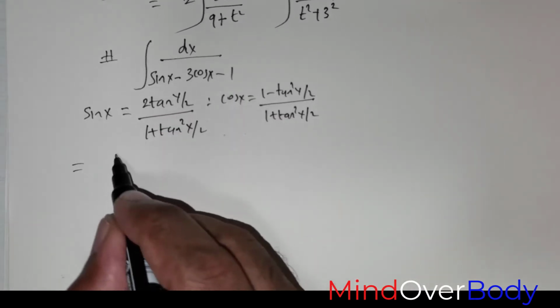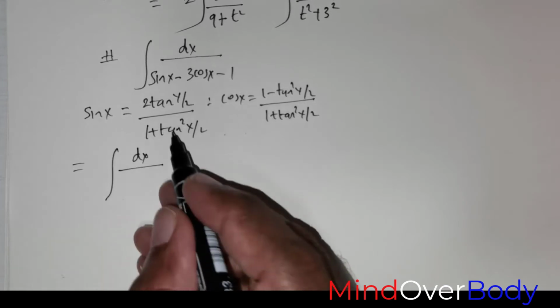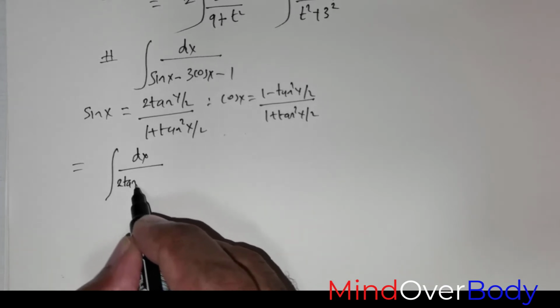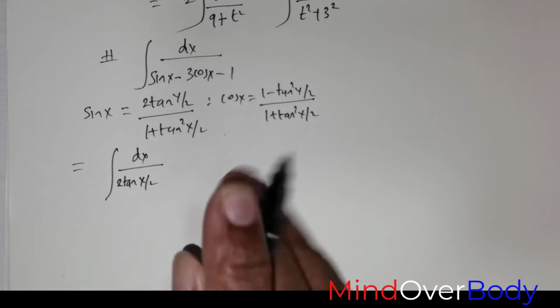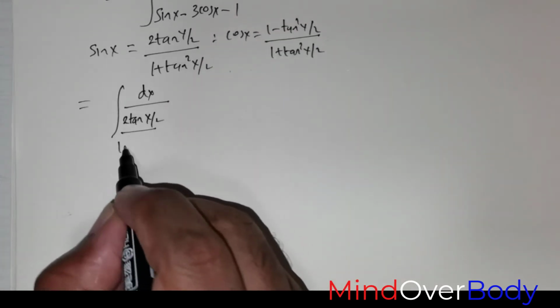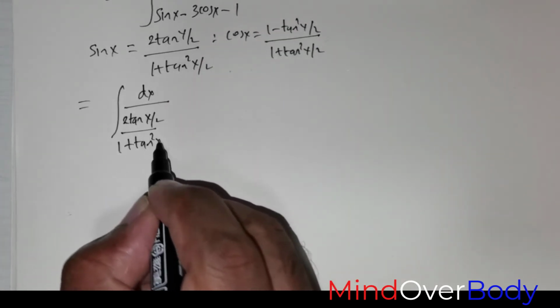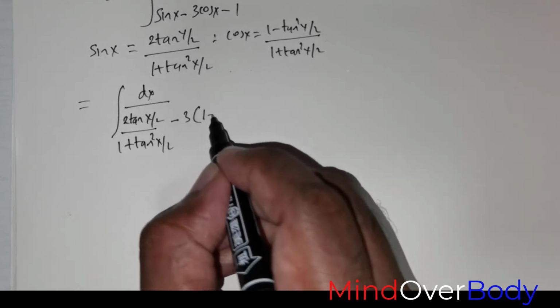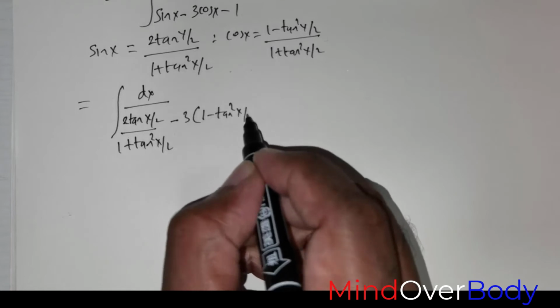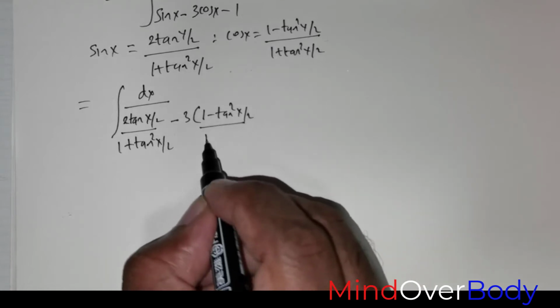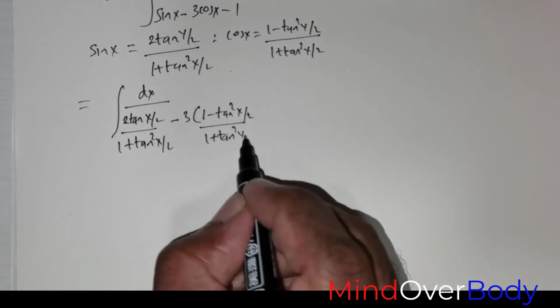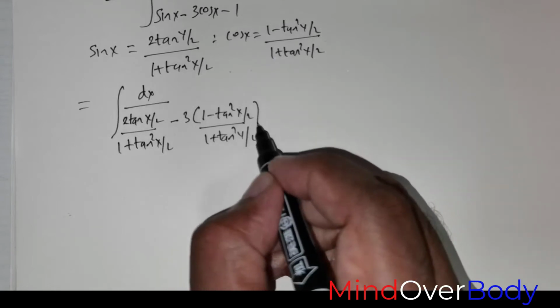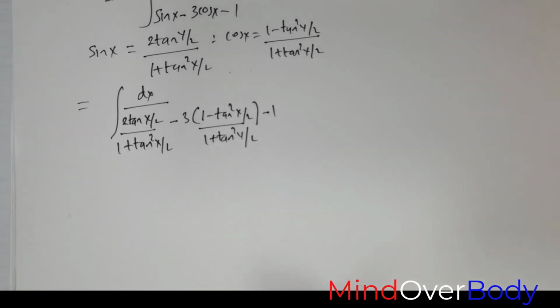So this is going to be the integral of dx over 2 times tan(x/2) divided by 1 + tan²(x/2), minus 3 times (1 − tan²(x/2)) divided by 1 + tan²(x/2), and you've got a −1 there.